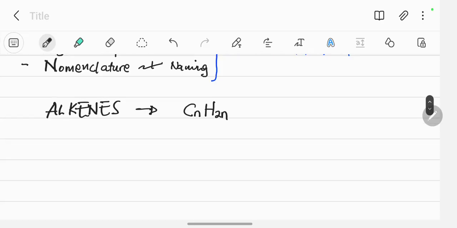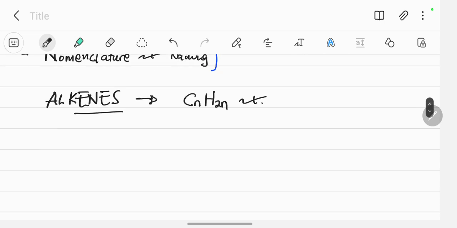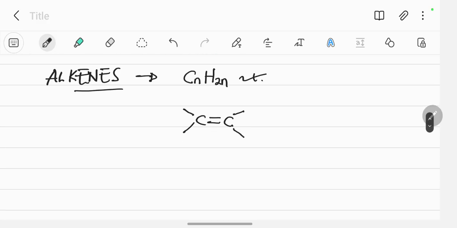Every alkene that I'm going to be mentioning is going to be following that general formula. Then the other thing you have to know is that these alkenes have double bonds. Somewhere within the chain there is a double bond that makes it an alkene.